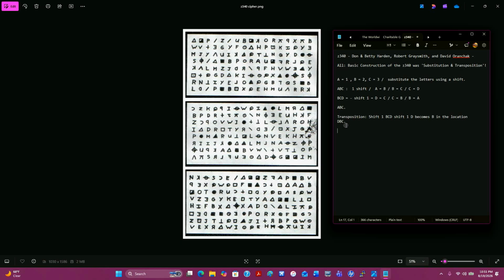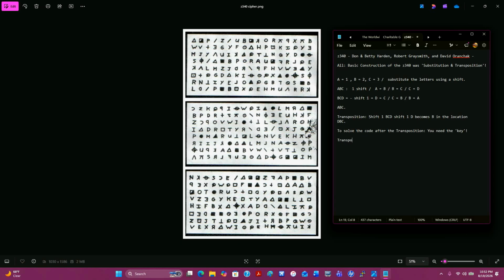But then when you transpose it and you switch their positions, at that point, to solve the code after the transposition, you pretty much need the key. You need the shift keys, because you can't just look at them and solve them.